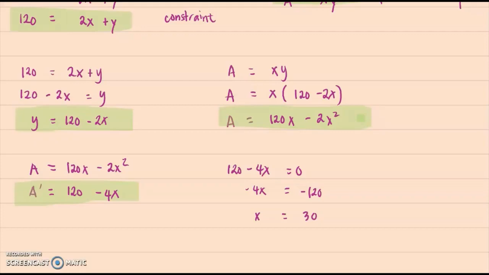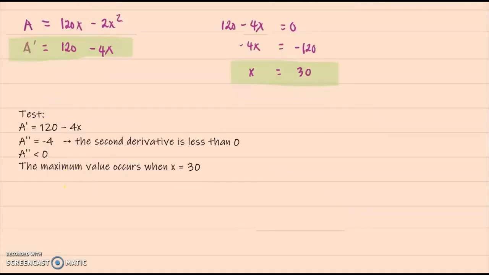That is our computed value for x. Next, we test: our first derivative of A is 120 minus 4x, so our second derivative, A double prime, is equal to negative 4. Since the second derivative is less than 0, the maximum value occurs when x is equal to 30.